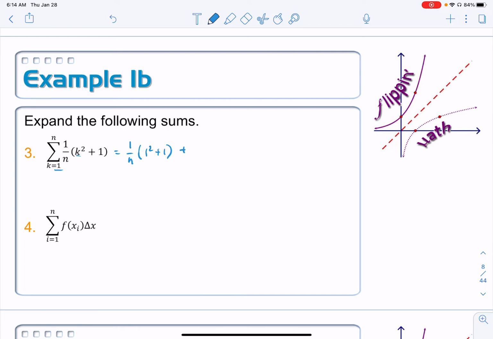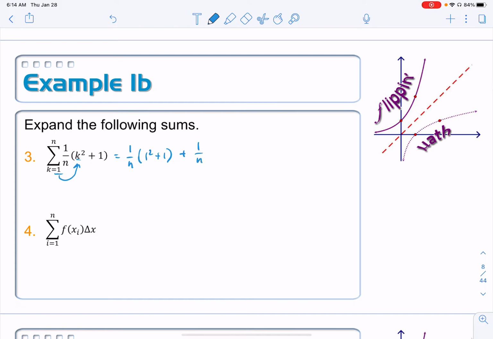It's going to go to 2, and that's going to go in here for our k. 1 over n still stays. It doesn't change. It's not a variable. I've got 2 squared plus 1, plus, and I'm going to continue doing this until I get up to n. So the next one is going to be 1 over n times 3 squared plus 1, plus dot, dot, dot, and I keep going.